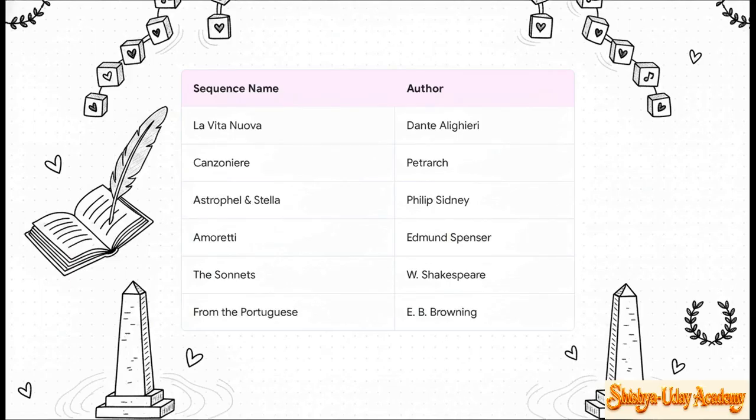Moving over into English, we see Philip Sidney's Astrophel and Stella, Edmund Spenser's Amoretti, William Shakespeare's famous 154 sonnet progression simply titled the Sonnets, and Elizabeth Barrett Browning's incredibly moving Sonnets from the Portuguese. Each of these authors used the sonnet as a recurring, hyper-reliable building block to construct a massive, timeless monument to human emotion. They proved beyond a shadow of a doubt that this little 14-line machine could be stacked endlessly to build towering works of art.